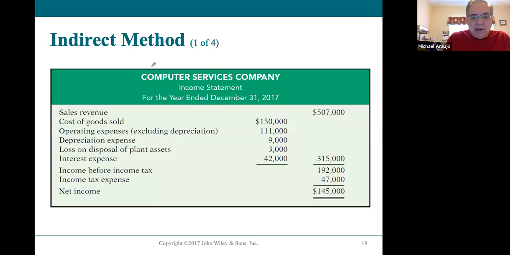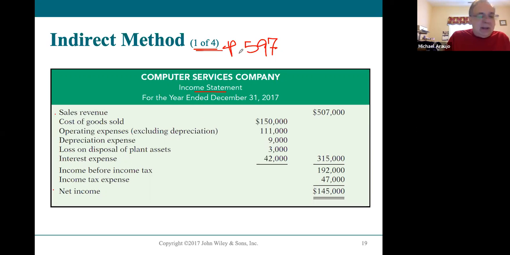So now this starts our computer services company. This is the illustration on page 597, if you have your book. This income statement is there, and it shows us our sales revenue all the way down to our net income right here.